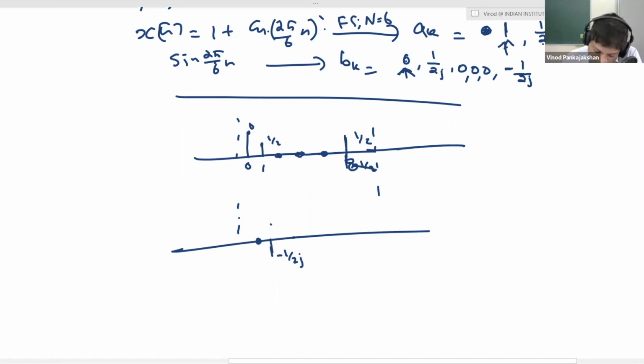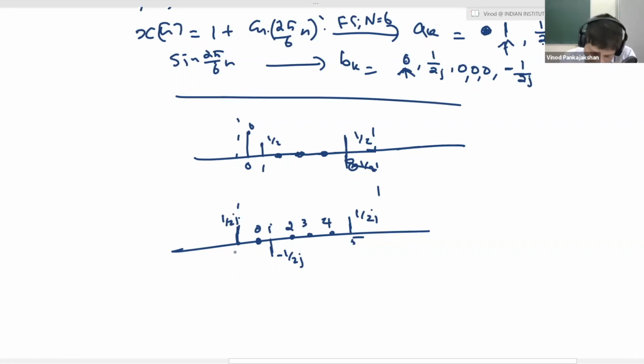And then there are three zeros, and the next one is 1 by 2j. This is 0, 1, 2, 3, 4, 5. Now what about this value?